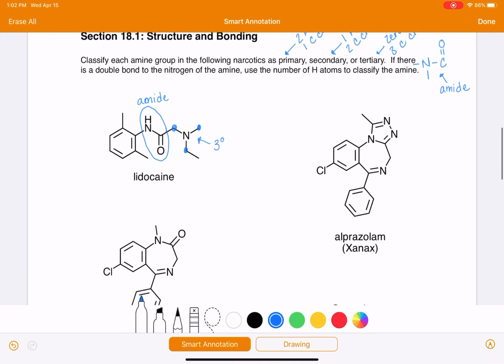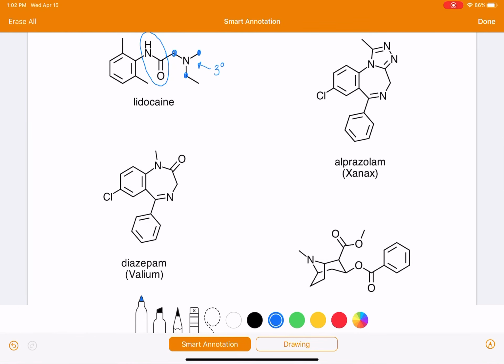So let's go down. The next structure underneath this, we have Valium. Valium also has 2 nitrogens in it, and this first one, because it's adjacent to a carbon-oxygen double bond, is an amide. This nitrogen is special. This is an amine, but if you can see, it has a double bond on it.